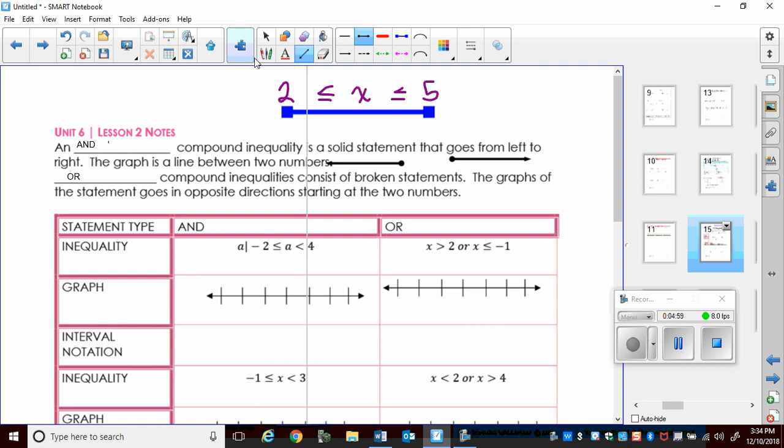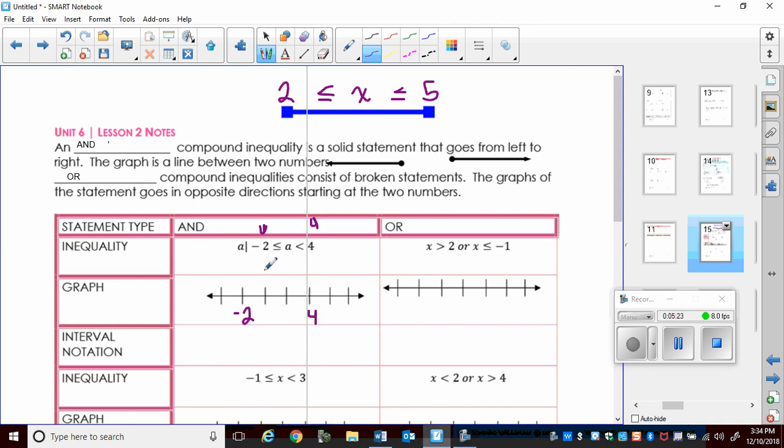What I'm going to ask you to do is not focus so much on putting numbers on this number line, but on putting the two numbers that you see. So -2 and 4. Don't worry about it being even. Just worry about putting the numbers on the number line.